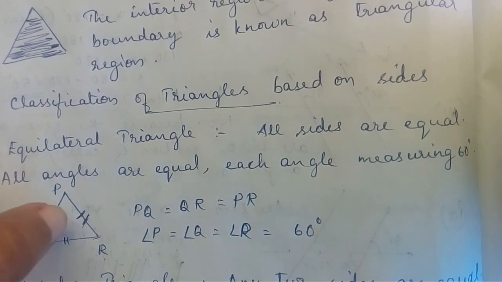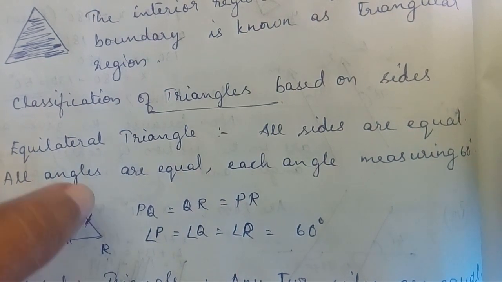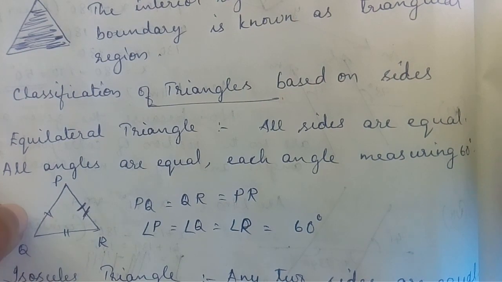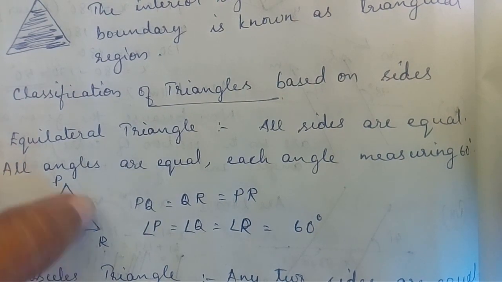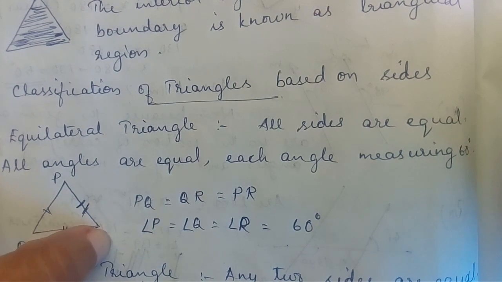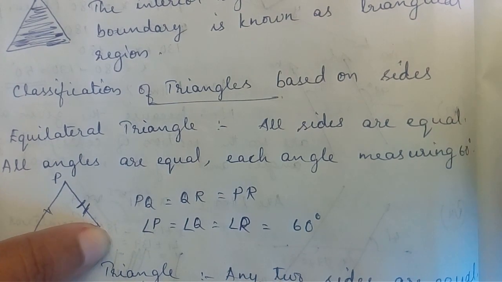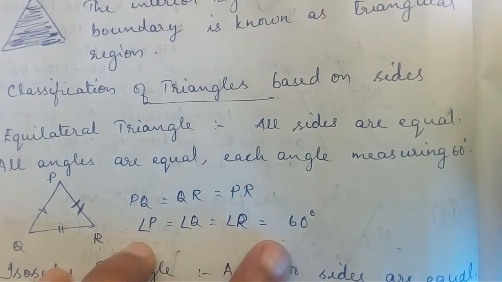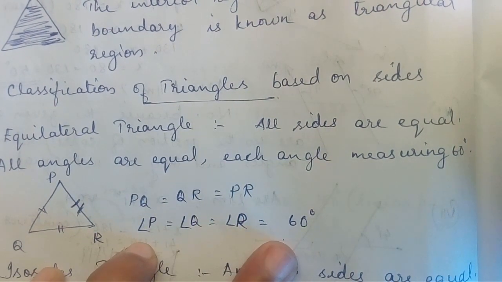So PQ is equal to QR is equal to PR. And another property of the equilateral triangle is each angle will be equal. That is, angle P is equal to angle Q is equal to angle R, and that is equal to 60 degree. In an equilateral triangle, each angle will be equal to 60 degree.